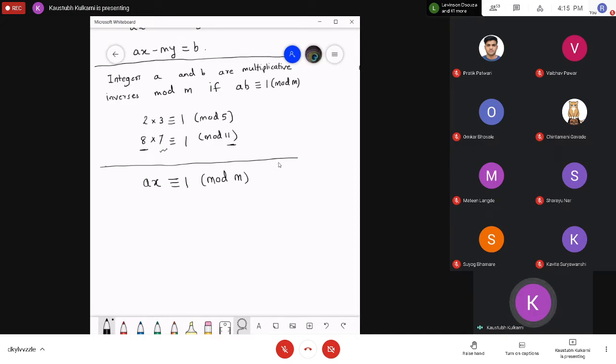We want to solve this for X. We want to find the inverse of A. Now, as you can see, this multiplicative inverse X exists if and only if GCD of A and M is 1.